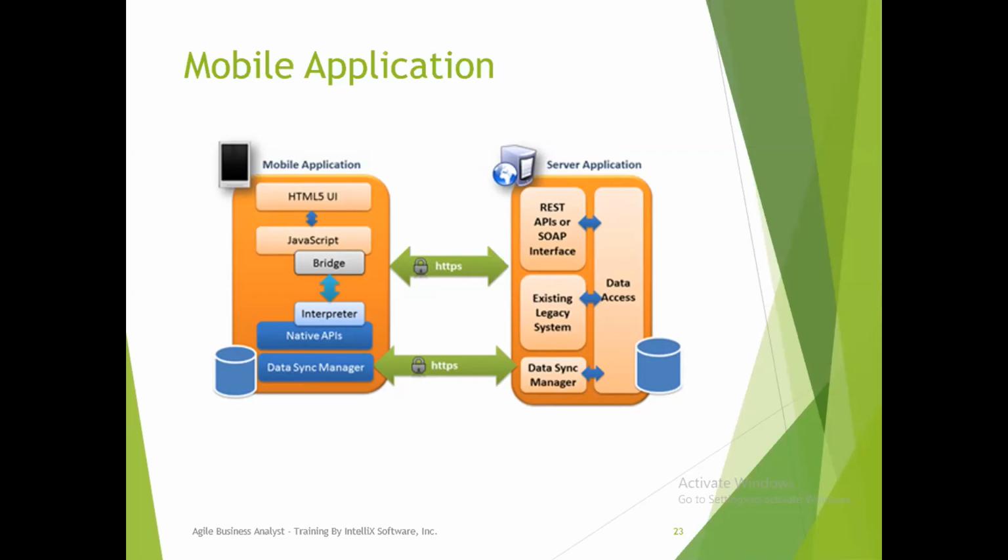What happens if I'm performing a transaction in between the transition? I may lose the connectivity. How do I deal with my transaction? Do I have to restart from scratch? Some transactions I may have to. Some transactions just get suspended and are reestablished as soon as you get connectivity to the next tower, right?